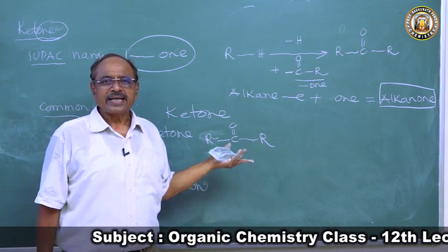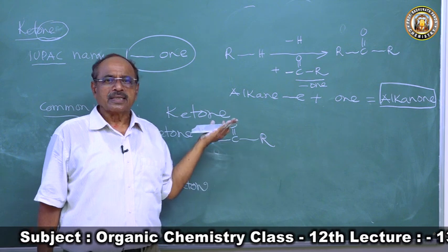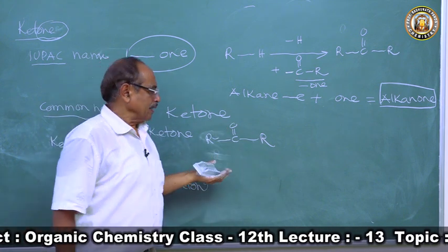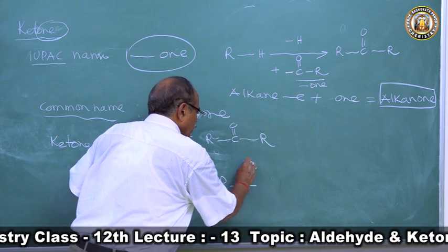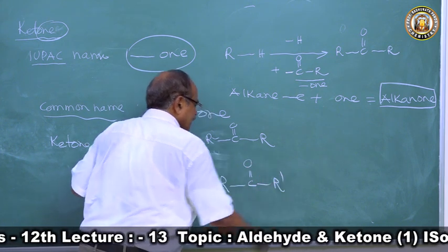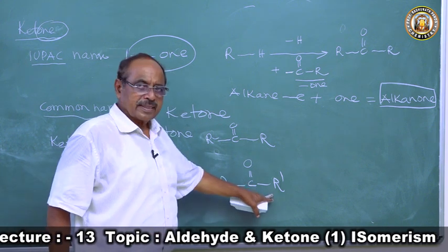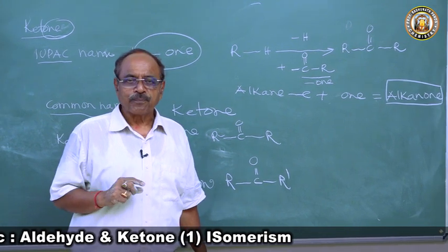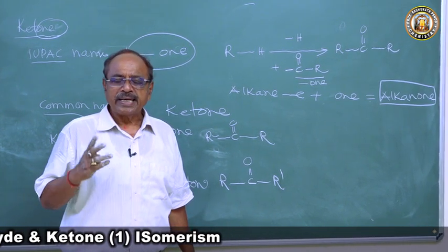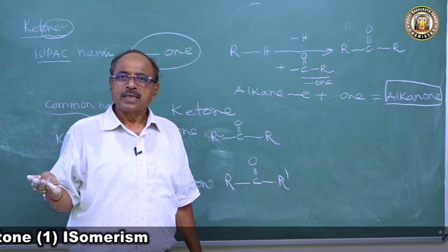In an unsymmetrical ketone, both alkyl groups are different, RCOR dash, so we have 2 different alkyl groups, R and R dash.